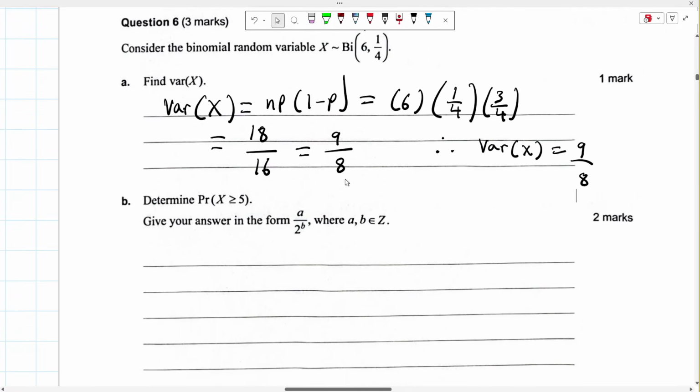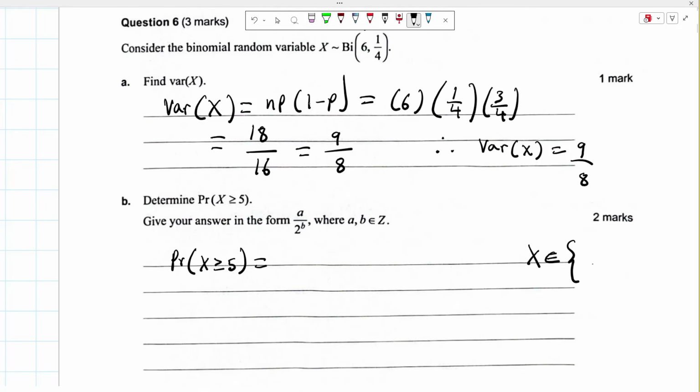Okay, determine the probability that x is greater than or equal to 5. Give your answer in the form a over 2 to the power of b, where a and b are both integers. So probability x is greater than or equal to 5. Well, what values can x actually take?